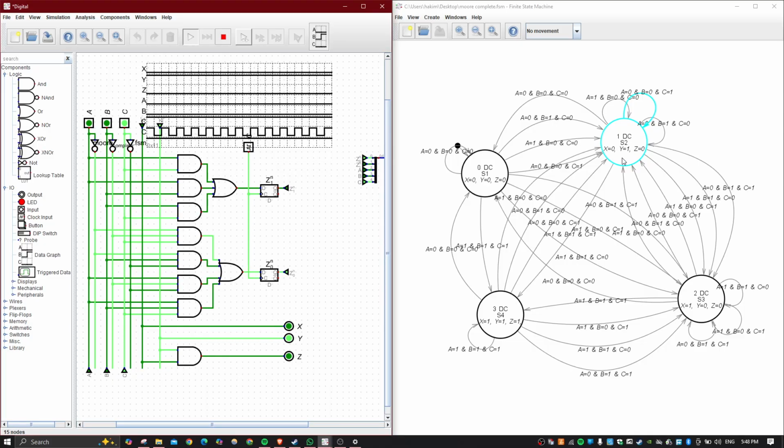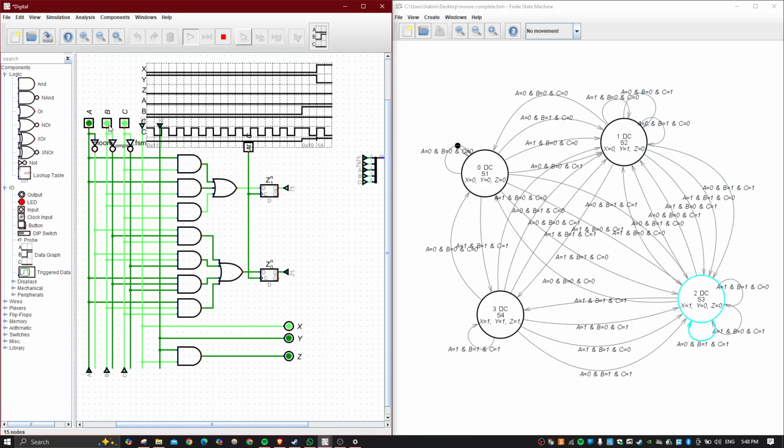Then let's say we want to move from S2 to S3, from the unsafe level to the dangerous level. We need to activate two sensors in order for S2 to go to S3. Let's say we have C and B. Two sensors are activated, so we go to state 3.